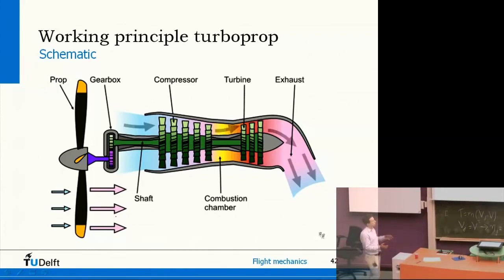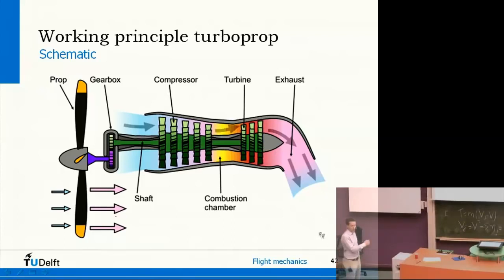It's very warm. It goes through the turbine, but in a turboprop you actually have a little larger turbine. So instead of letting the air out at the end at a high velocity, you use that energy which is still left in the air to drive the propeller. There's a shaft going to the propeller, and there might be a gearbox to make the propeller rotate at the appropriate speed. But basically all the energy is used to drive the propeller instead of accelerating the air.